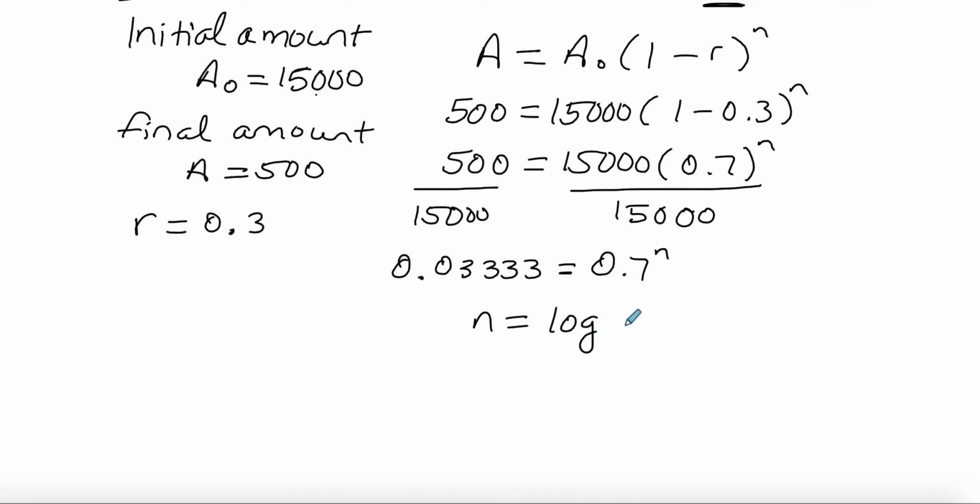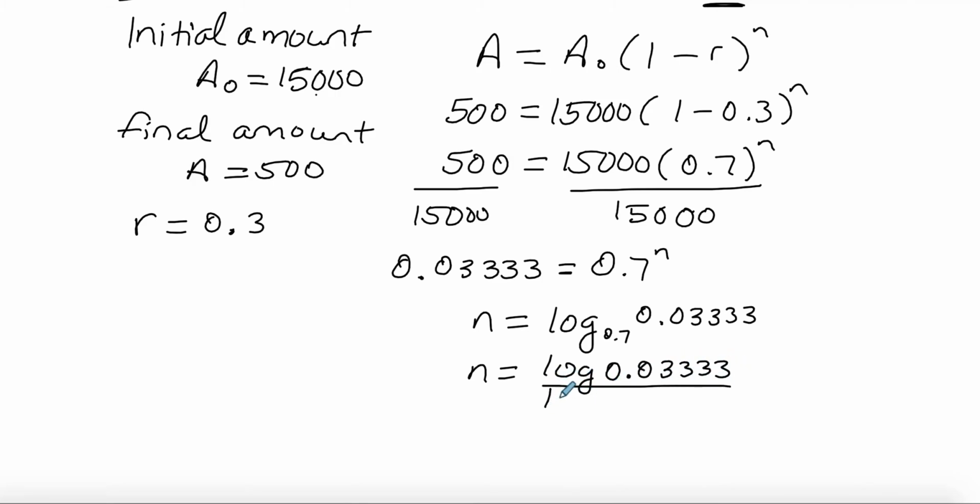So remember, my base is 0.7, so that's my subscript. My answer is 0.03333, rounded off, and then I'm going to find out what the exponent is. And because my calculator doesn't have a button with the blanks in it, I'm going to have to type in on my calculator the log of 0.03333, and I could put more threes, divided by the log of 0.7.